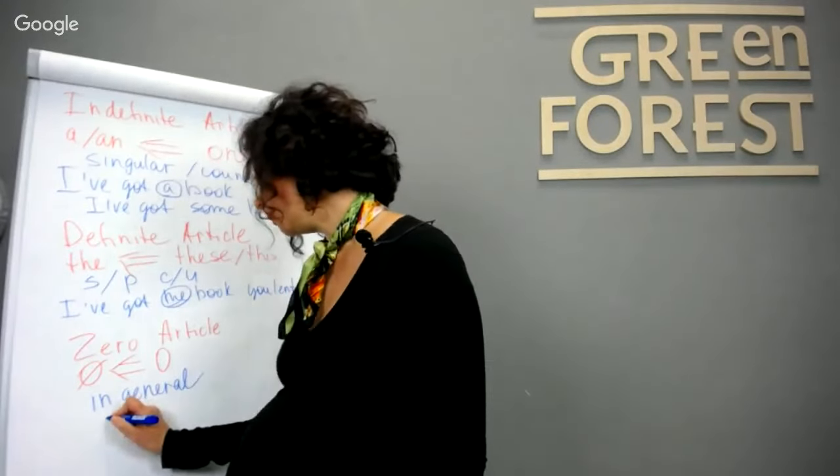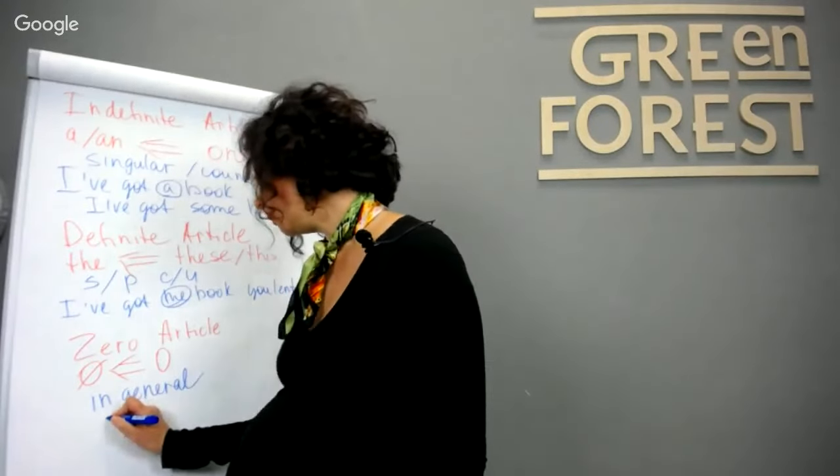For example, I love reading books. In this case, I have books and I don't use any article because I speak about them in general, not about some specific ones.